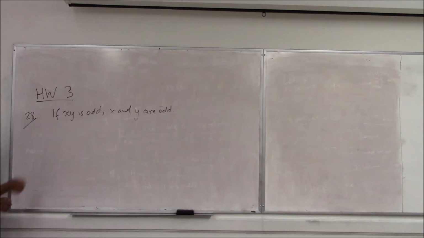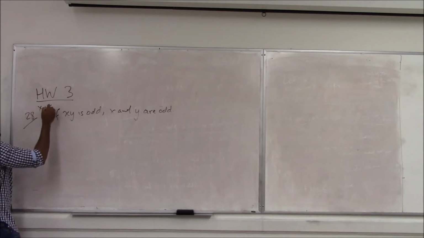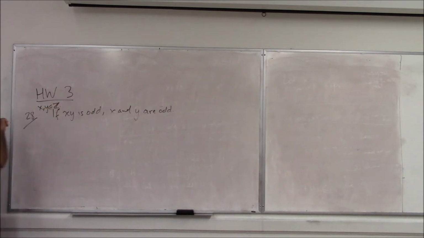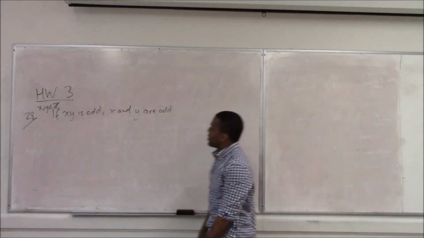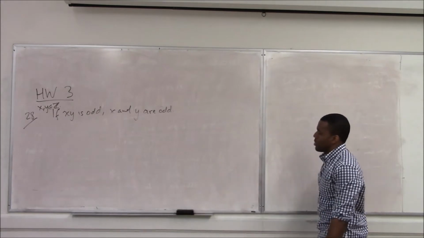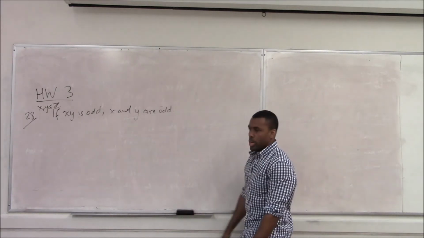Of course, x, y are integers. Most people did this wrong, so I just want to make sure that there is no misunderstanding. How would you actually approach it slowly?